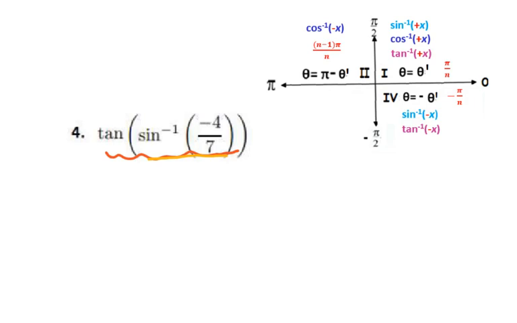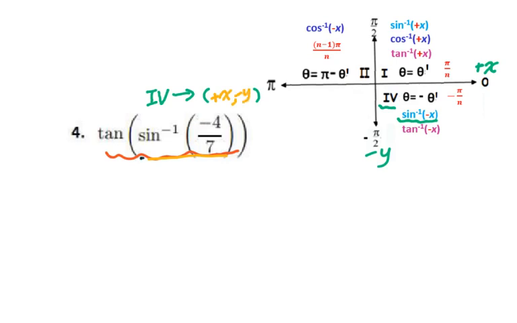According to this chart, let's go to the fourth quadrant. For the fourth quadrant, we will figure out the coordinates. This is a positive x, negative y. So we got positive x, negative y.